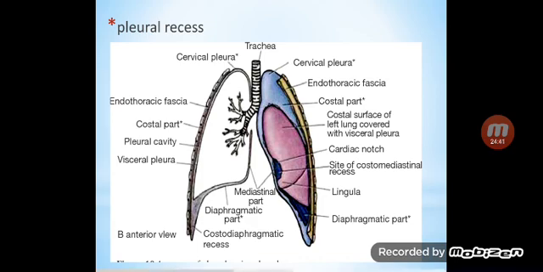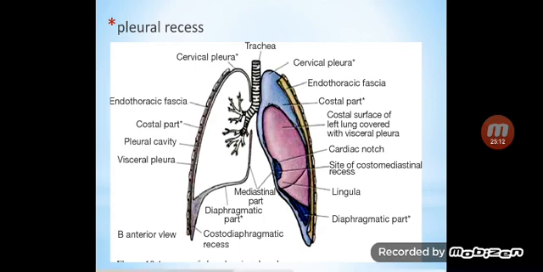So reflection of one part against the other forms these pleural recesses. And what is the benefit of these recesses? They provide additional space for lung tissue to expand, especially during forced inspiration.